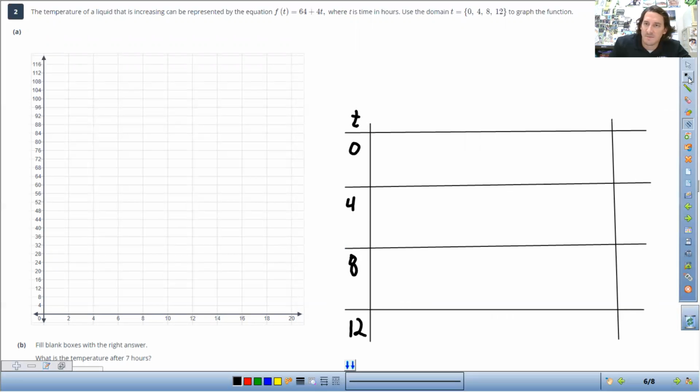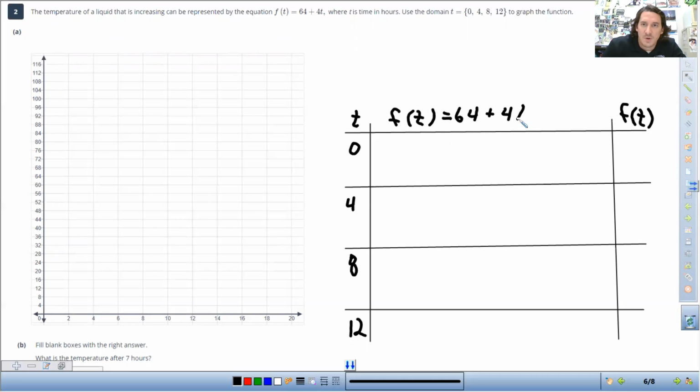And then this column is going to be f of t. So the function, again, f of t is equal to 64 plus 4t. So I'm going to do 64 plus 4 times t.